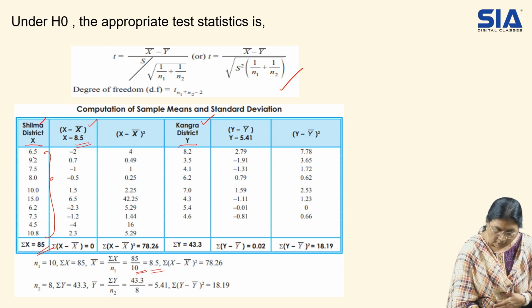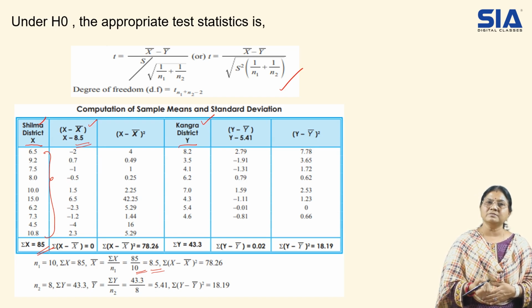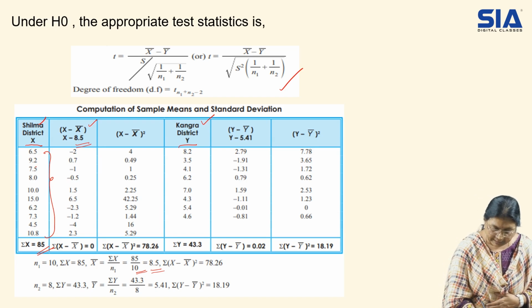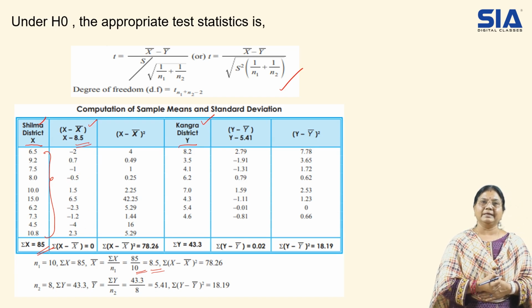That is 6.5 minus 8.5, which is equal to minus 2, because 8.5 is more than 6.5. In the same way, 9.2 minus 8.5 is 0.7, and 7.5 minus 8.5 is minus 1. All the values are calculated in that way.